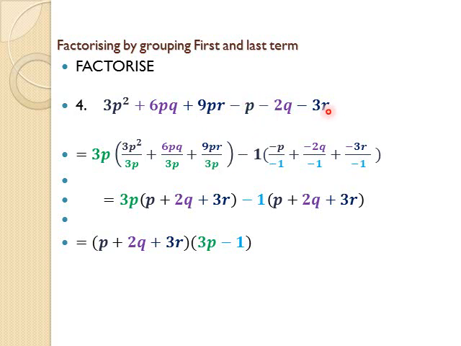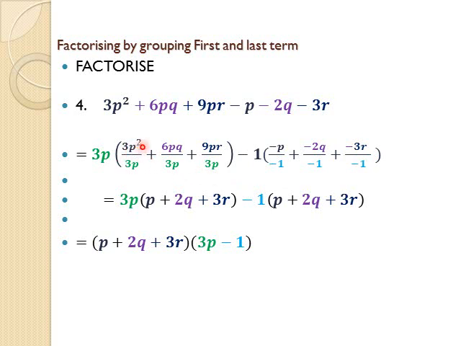For the last 3 now, I'm going to take out the negative. When the first term of the second group is negative, we take out the negative 1. So that becomes negative p divided by negative 1, negative 2q divided by negative 1, negative 3q divided by negative 1. So 3 and 3 cancel.